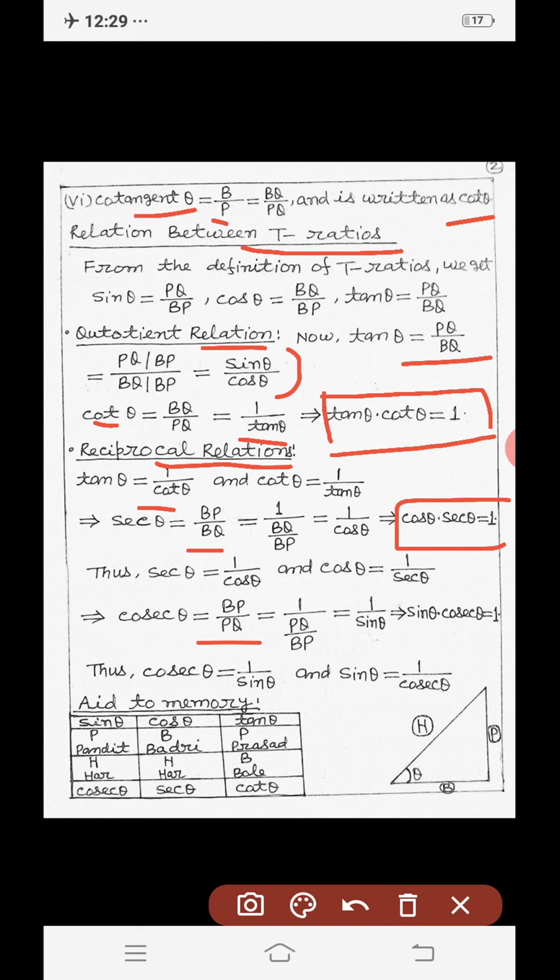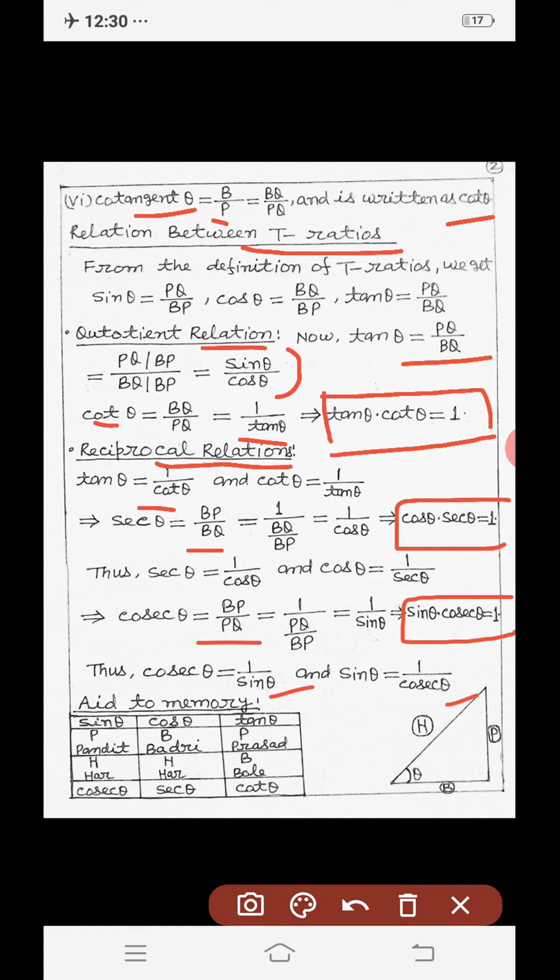So cosec theta is equal to 1 by sin theta, and product of cosec theta and sin theta, that is sin theta into cosec theta equal to 1. Therefore cosec theta is equal to 1 by sin theta, and sin theta is equal to 1 by cosec theta. Means cosec theta and sin theta both are reciprocals to each other.